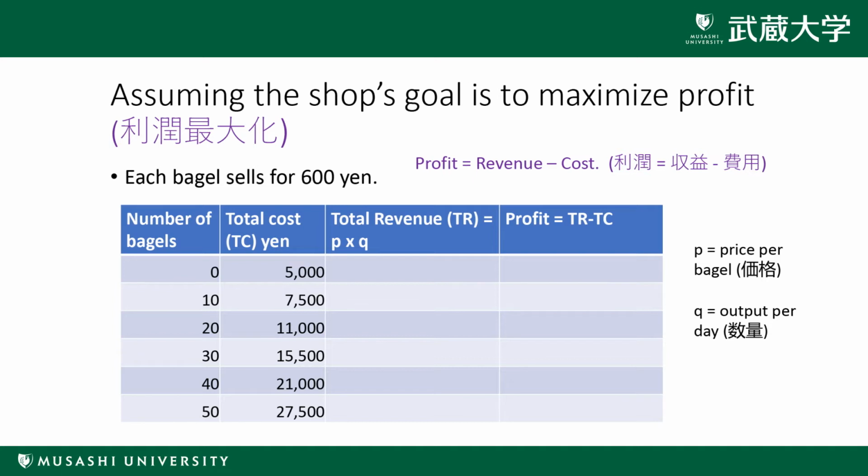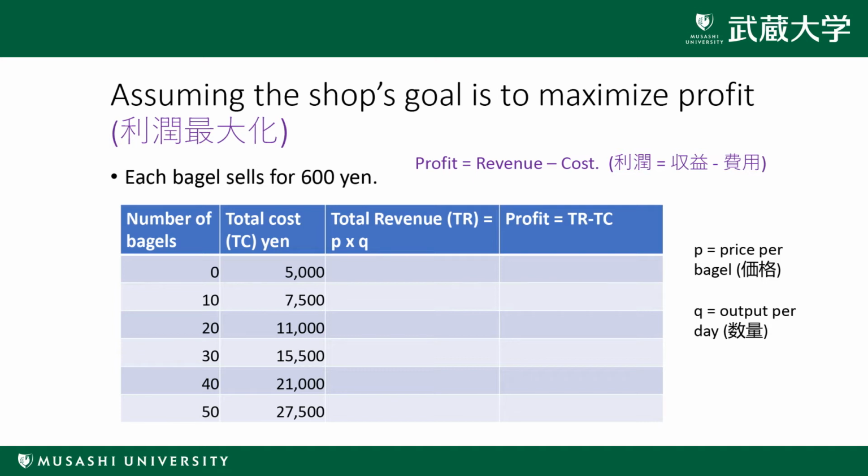So we are going to calculate profit using this table. In order to calculate profit, we need information on the price of the bagel as well as the output. The price is kakaku, and the output per day is ryo.